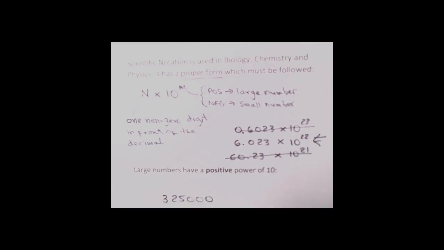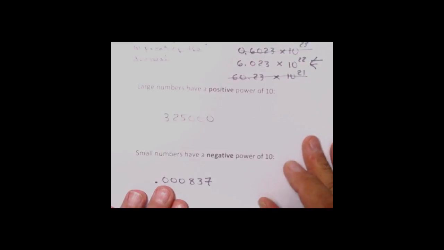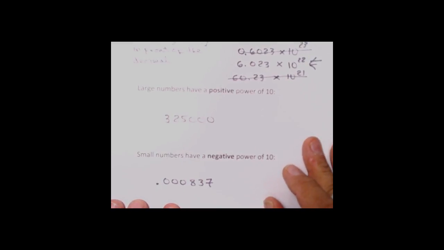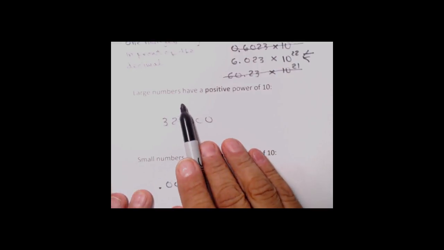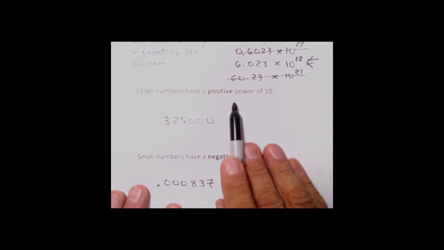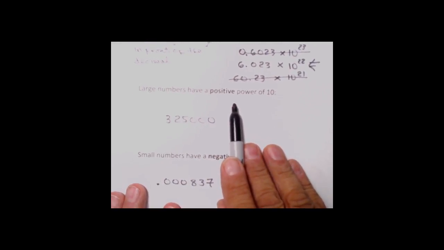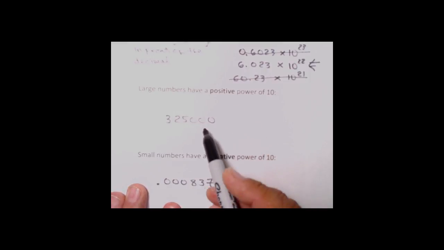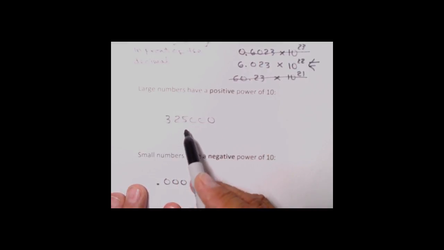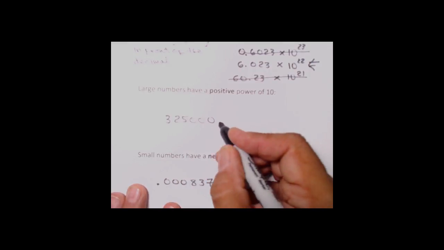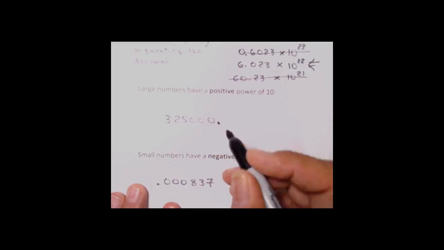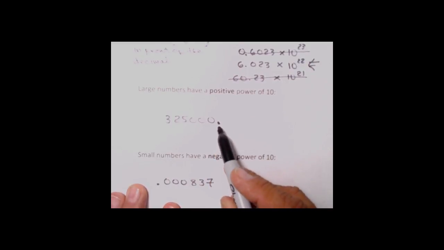Now, let's take a look at some examples to start with here. And here we go. First one of these. Remember, we said large numbers have a positive power of 10. Well, here we go. This is definitely a large number compared to 1. We want to write it in proper scientific notation form. Well, the first thing is we could put a decimal point at the end of it if we wanted.